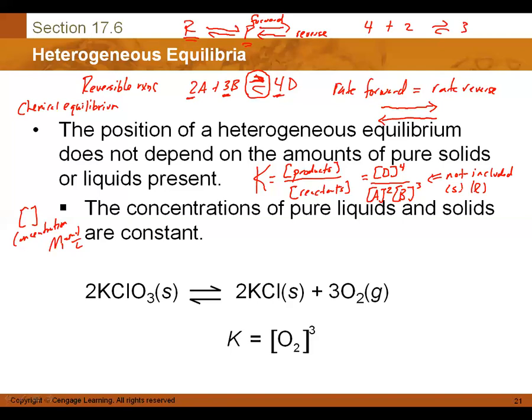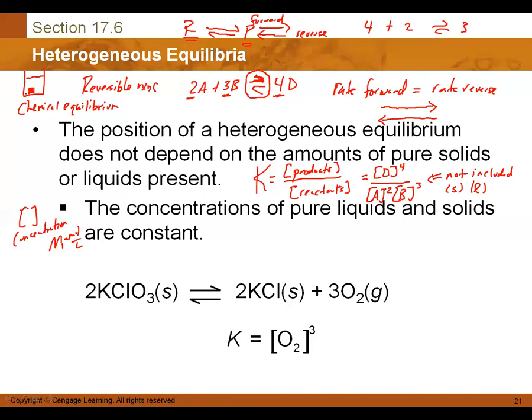So something like water, for example, that's in the liquid state would remain constant, and you would not include it in the expression. Something that's a solid, like we talked about last time, you could visualize it like it's just sitting there. So not much is happening with it. It's not really participating very much. In order for it to participate, it would have to perhaps dissolve.